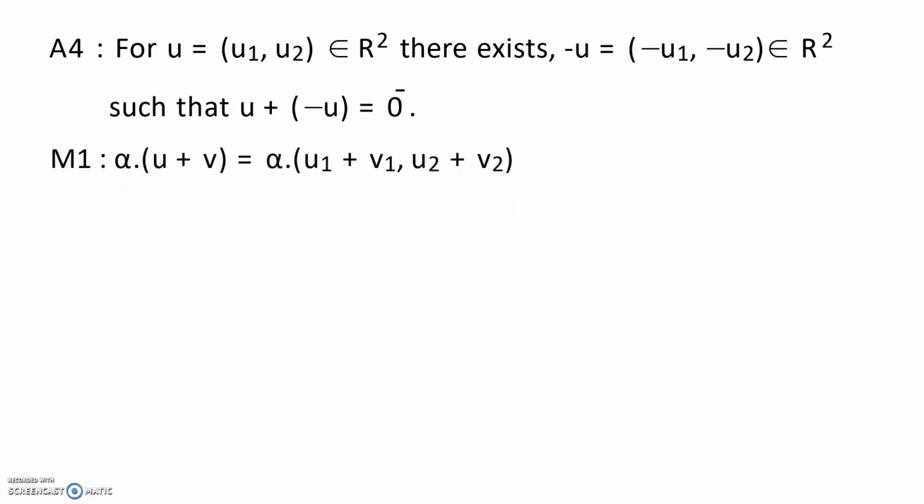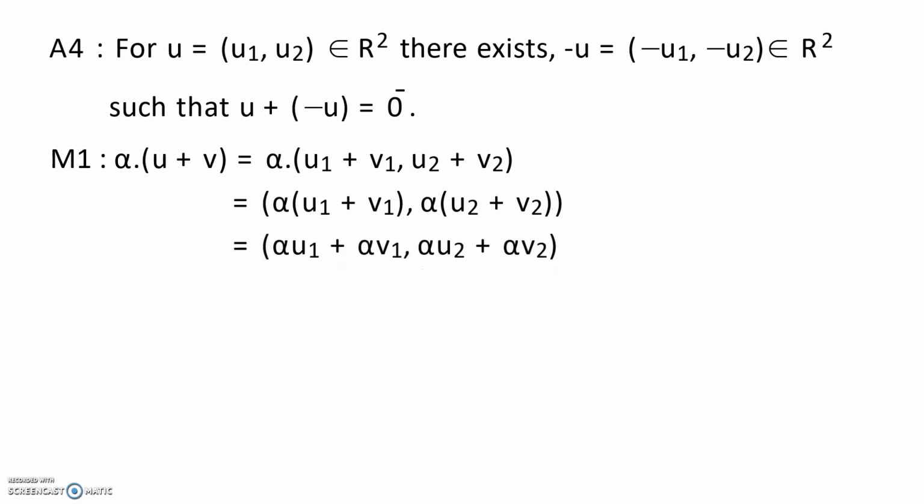Now for M1, take alpha into u plus v, which is equal to alpha into u1 plus v1, comma u2 plus v2, which is equal to alpha into u1 plus v1, comma alpha into u2 plus v2, which is equal to alpha u1 plus alpha v1, comma alpha u2 plus alpha v2, and hence which is equal to alpha u1 comma alpha u2 plus alpha v1 comma alpha v2.